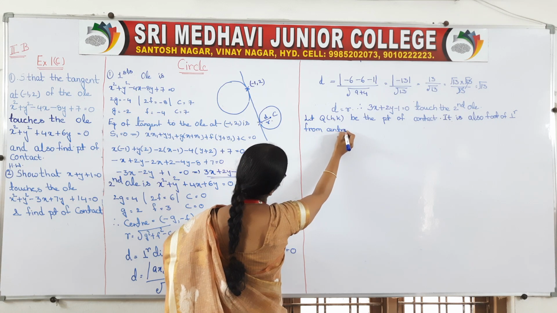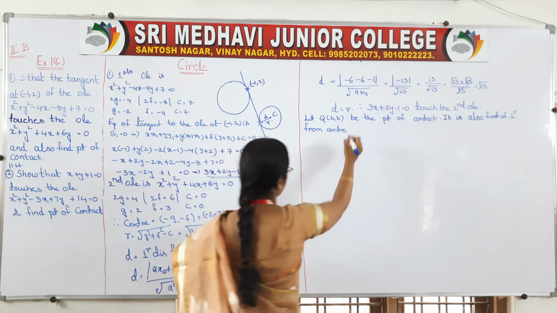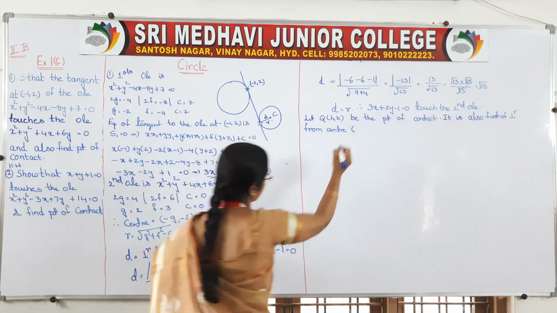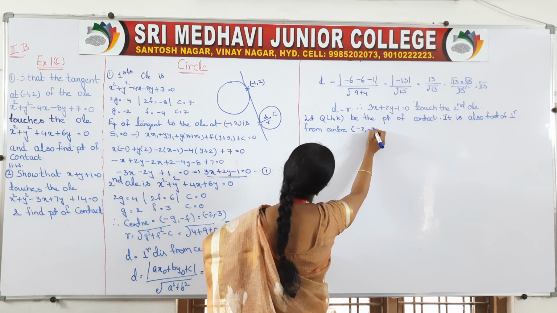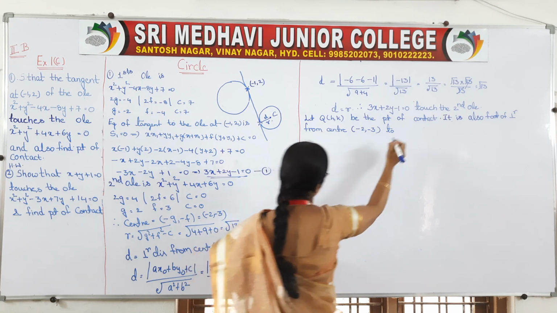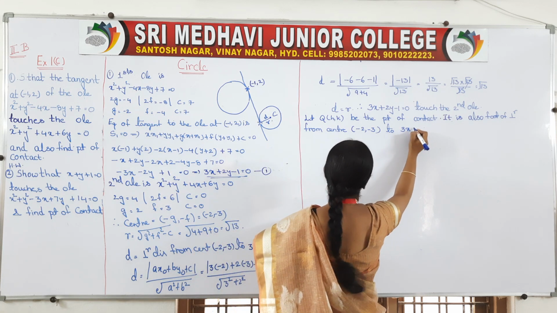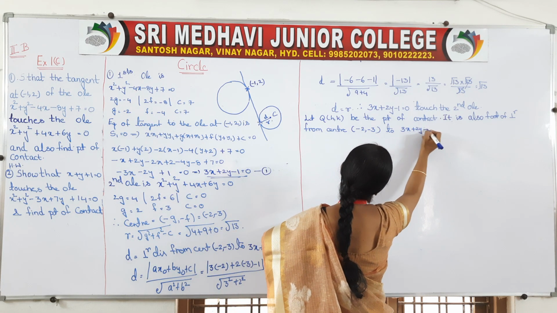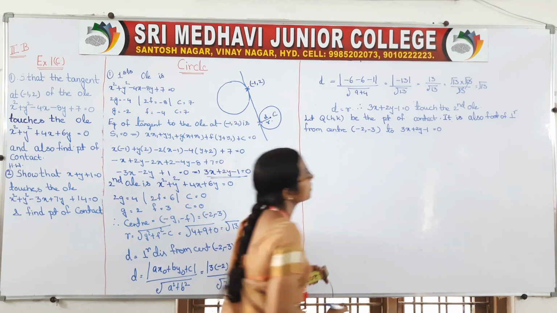What is the center? The center of the second circle is (-2, -3). Center to line. Which line? 3x + 2y - 1 = 0.